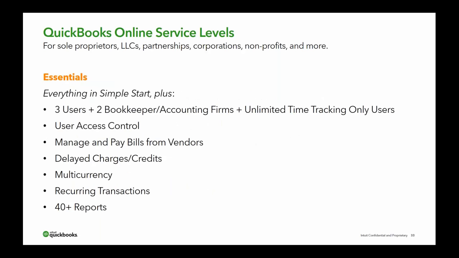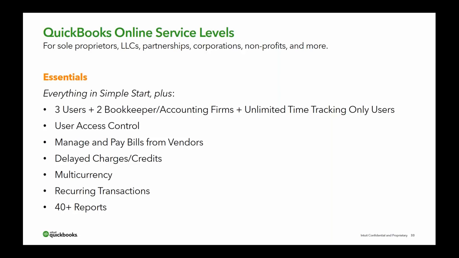The next version up, the next step up, is going to be Essentials. So think about it. It has everything that Simple Start has, including, Essentials has 3 users, right? So the ability to have 3 different users for the client. Still have the 2 bookkeeper accounting firms. And then it also comes with unlimited time tracking only users.